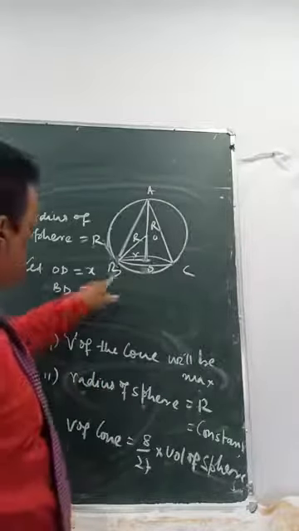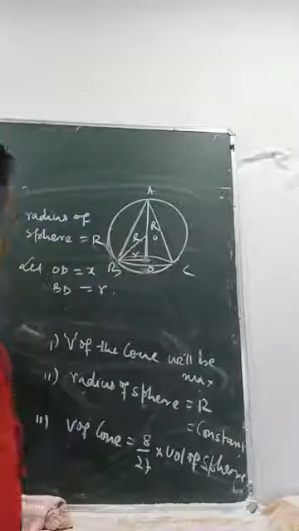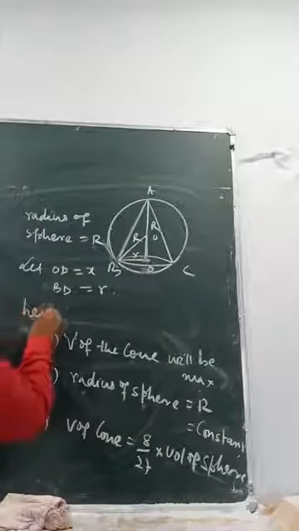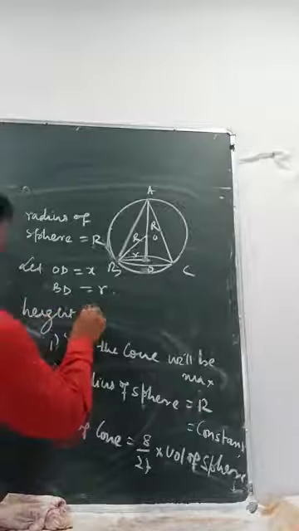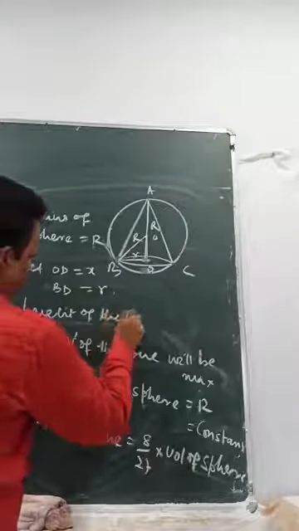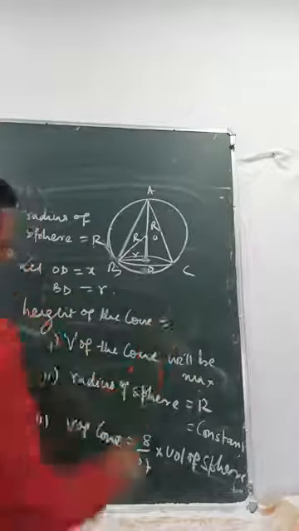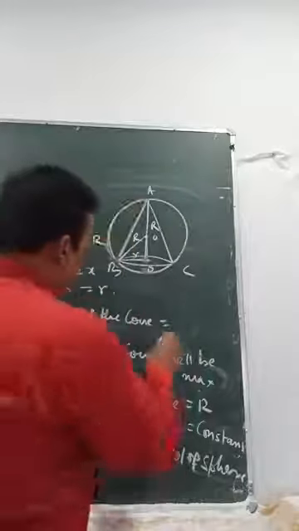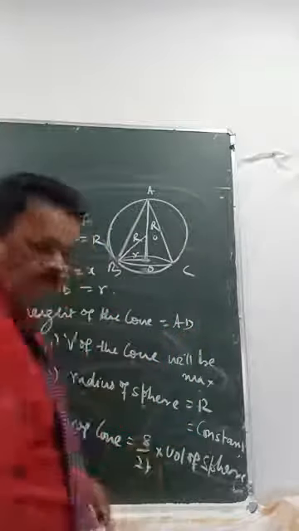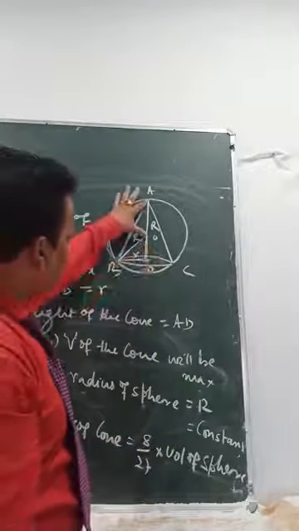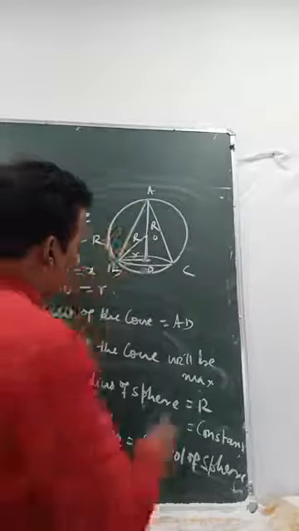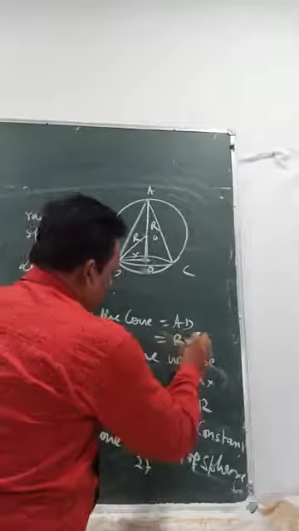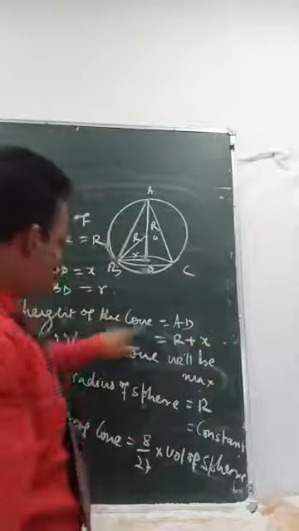Small r means radius of cone. So what is height of the cone then? Height of the cone means AD. How much? Now r plus x. R plus x. Height of the cone I got.